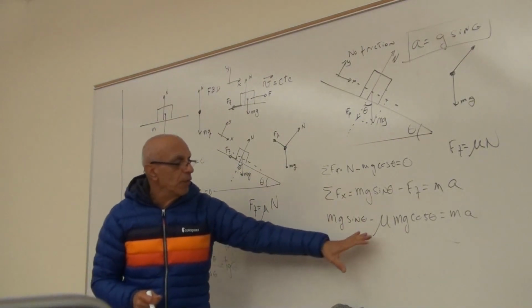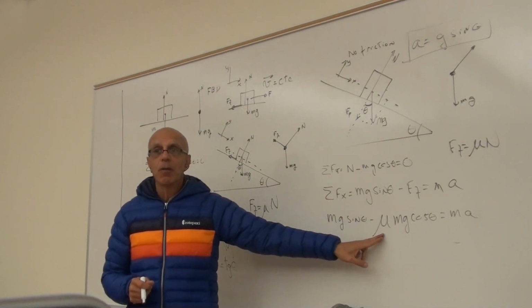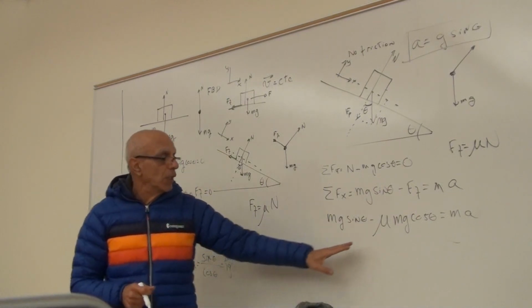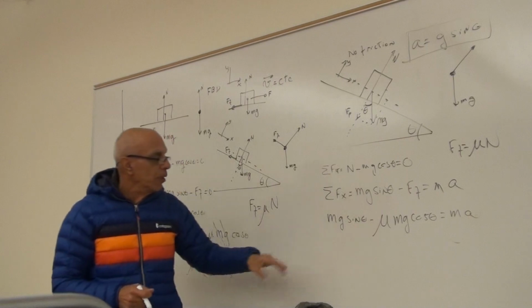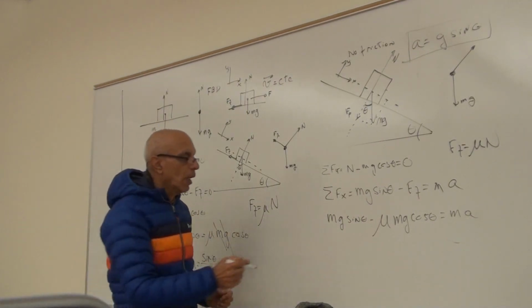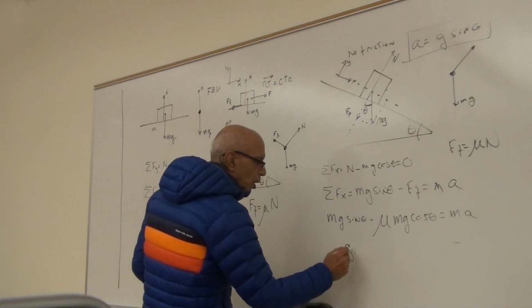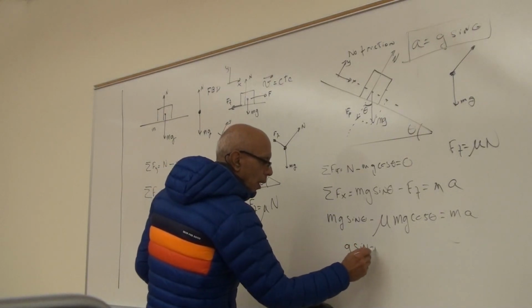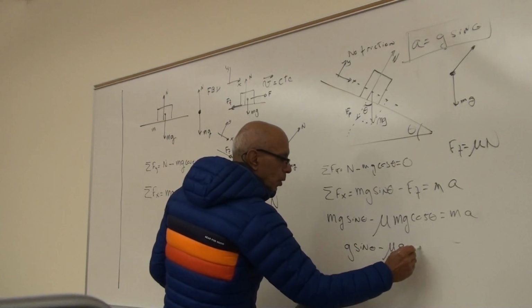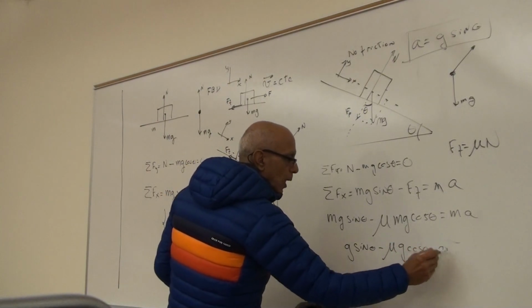When I solve this for the coefficient of friction, I'm first going to cancel m. So I'm going to have g sine theta minus mu g cosine theta equals a.